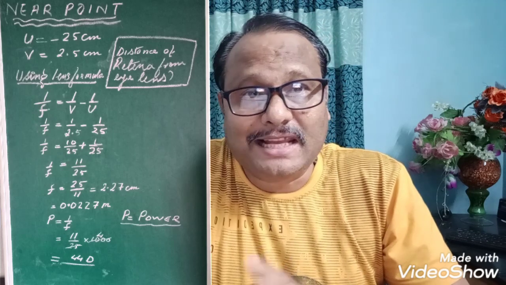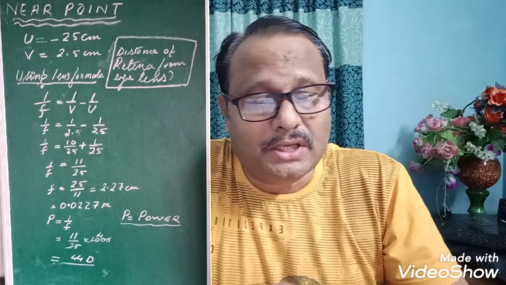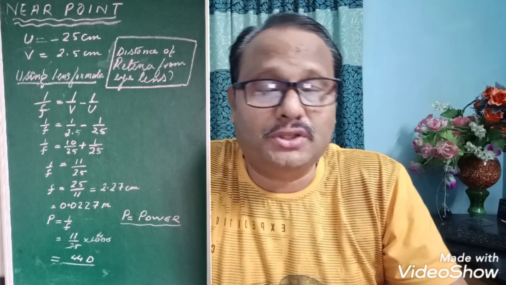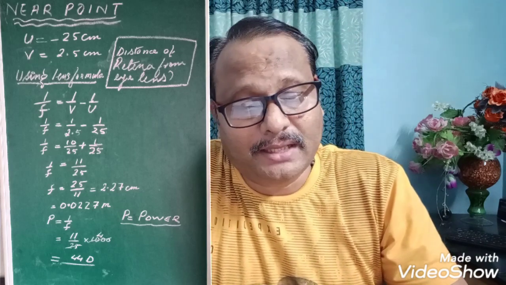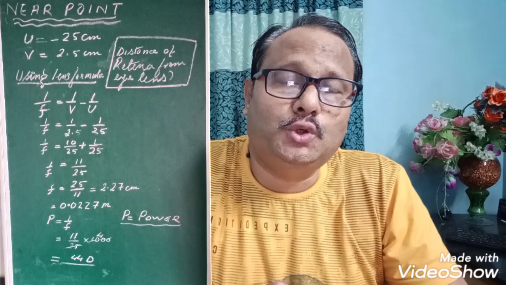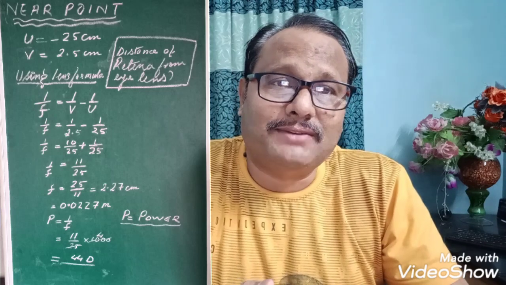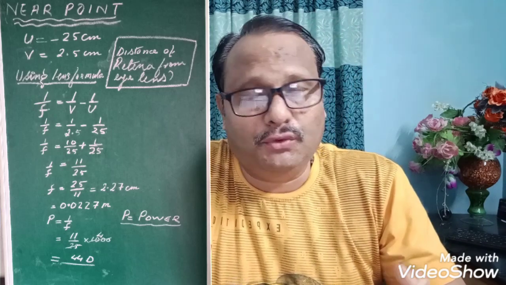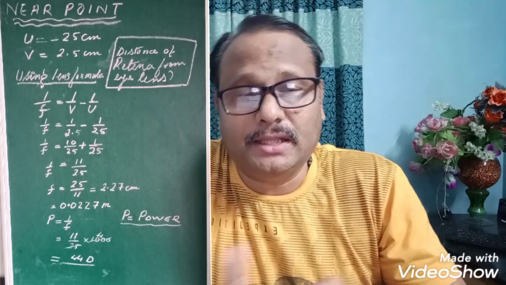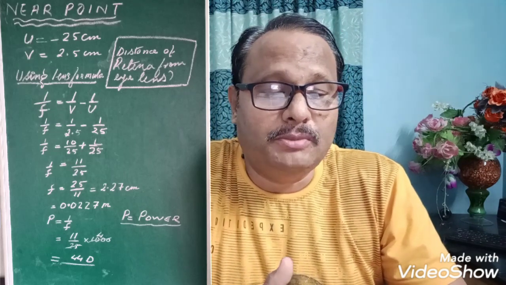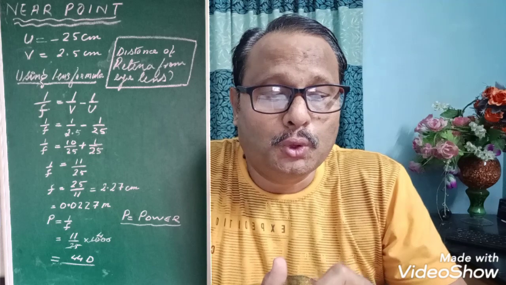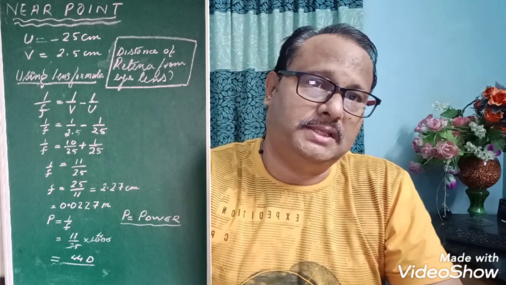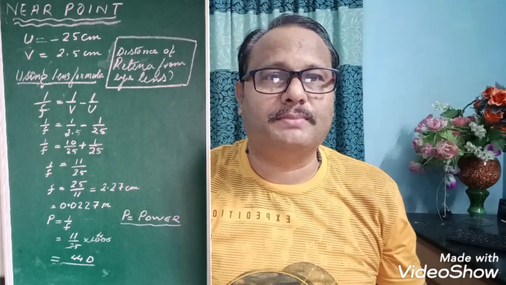Now it becomes 11 by 25. That is 1 by f is equal to 11 by 25, or f is equal to 25 divided by 11, which is approximately 2.27 centimeter. If you convert that into meter, since focal length is always counted in meter, it will be 0.0227 meter.